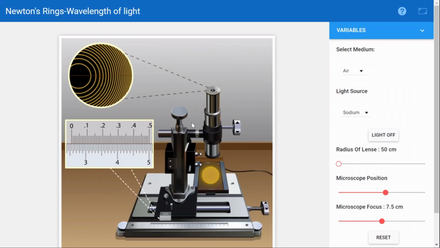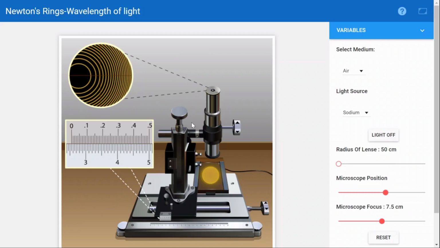Now you have to put the values in the lambda equation to find out the wavelength. So what is the lambda equation? Lambda is equal to D square m plus p minus D square m divided by 4pR. Now you have to take the radius of lens, capital R, equal to 50 centimeter.